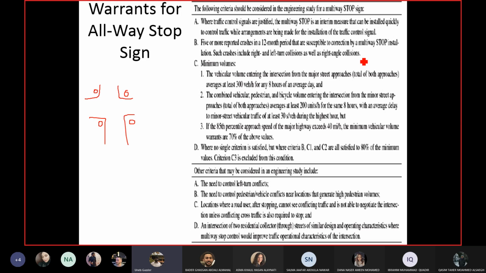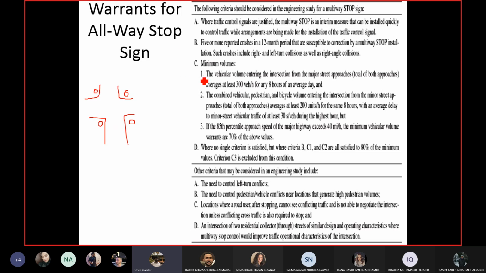This gives you an indication of which types of crashes can be reduced with a multi-way stop sign: crashes because of right turning and left turning, and crashes at right angle. So if we have 5 or more such crashes in 1 year, then you can put a multi-way stop sign.